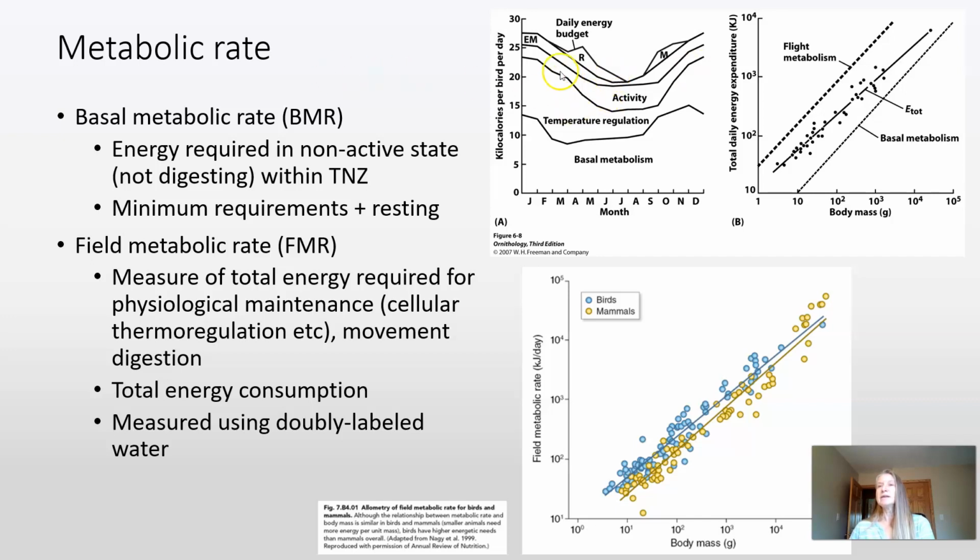Then we have different lines here for resting, for feeding, and different activity. So here with birds, we have reproduction. So there's an increase in energy used during reproduction, especially in females that are yolking up eggs early in the breeding season before they're laying their eggs. And then there's also increased energy spent during molting and migration.